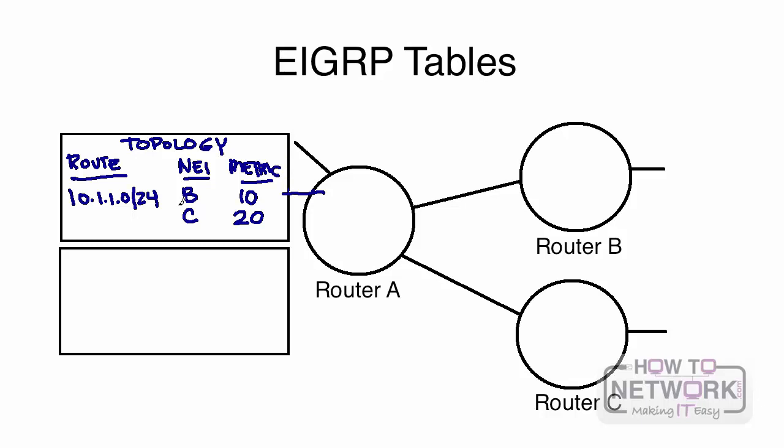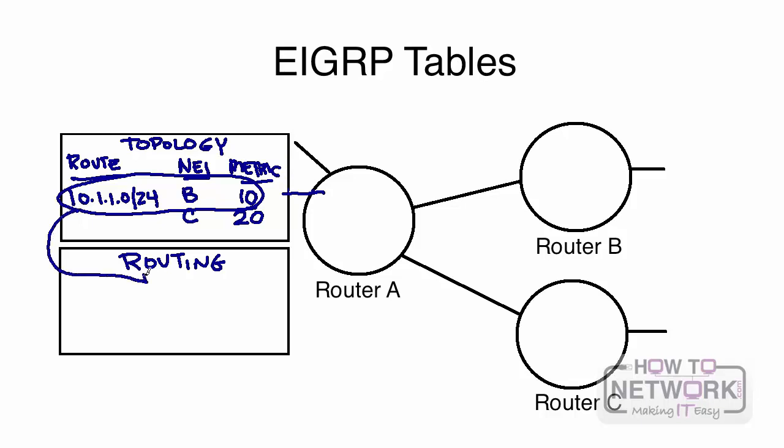So for this simple example, let's just say that the router now realizes that the successor route, the best route, is going to be the path through router B. Now, once the DUAL algorithm has run and it realizes this, it then takes that path and places the successor route into the routing table, in this case the IP routing table.